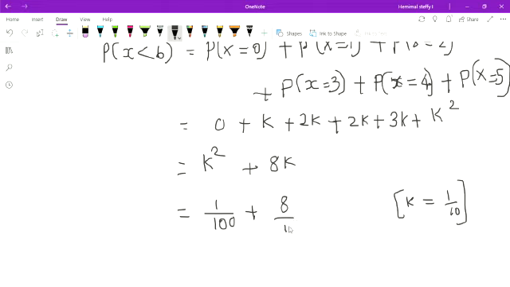I am taking the LCM of this number. It gives 81 by 100. This is the answer for probability of x less than 6.